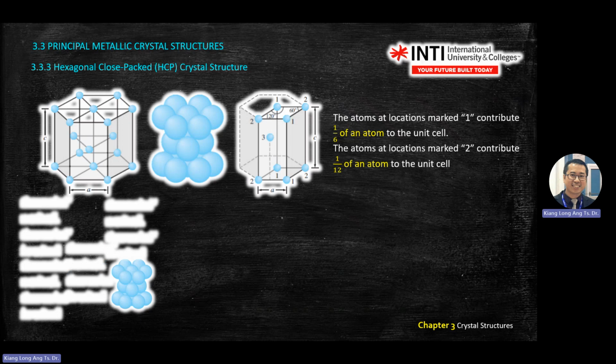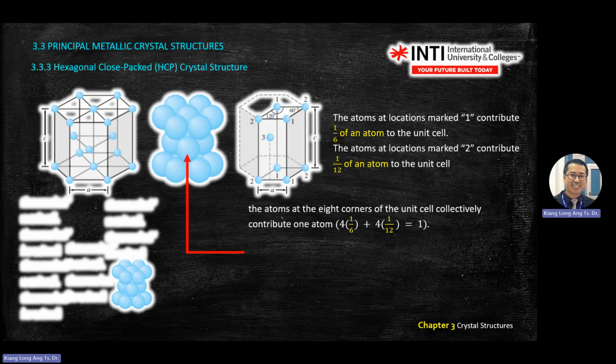Then atoms at 8 corners of the unit cell collectively contribute 4. We have 4, number 1. So number 1 is 1/6. We have 4, number 2. You have 4 multiplied by 1/2. You have 1.